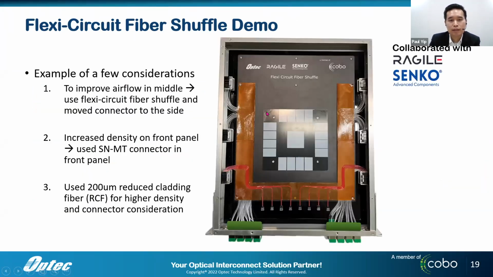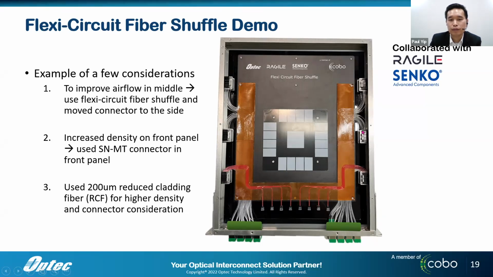This is another demo kit we showed at ECOC, where we used 200 micron cladding fibers. The main idea is that the connector here uses this kind of fiber, which gives us less space and lets us use a little more fiber inside the very small base, to make the shuffle smaller and smaller and to avoid SMTs on the PCB.